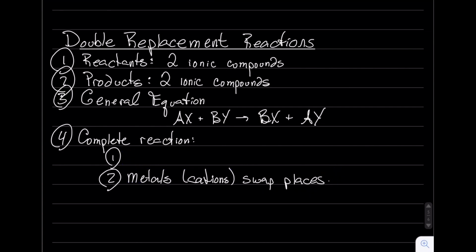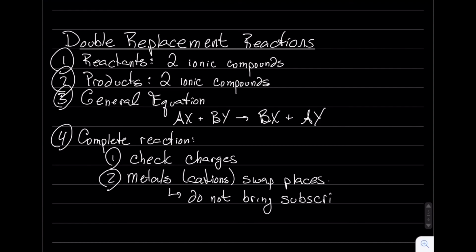Our first step should be that we check charges, so we know what our metals or cations are. So the metals or cations swap places. Do not bring subscripts to the product side.